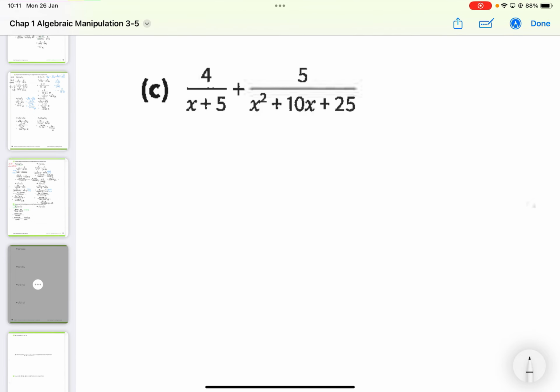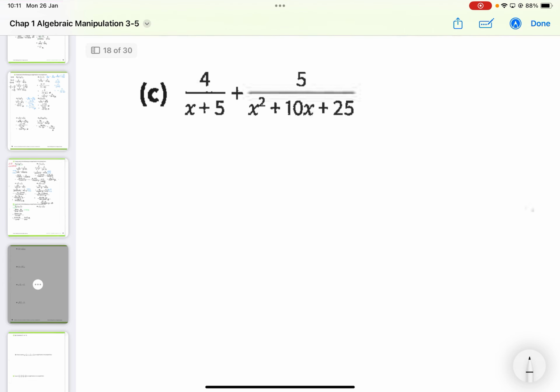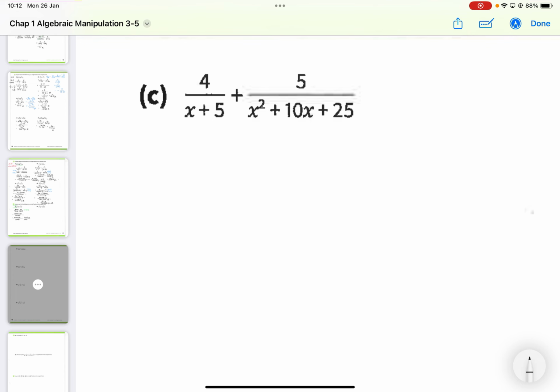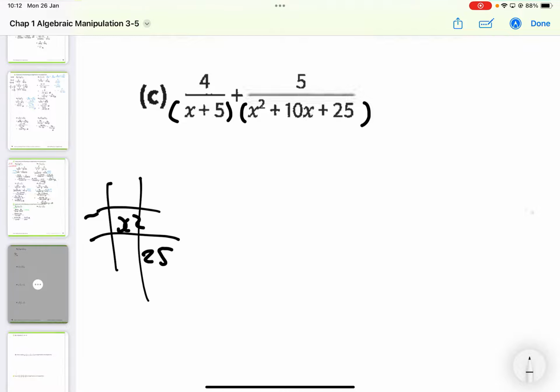Okay? Part C, you see the front is x plus 5. The back has a big string of things: x squared plus 10x plus 25. Actually, you all have learned to factorize a quadratic expression in Sec 2. Remember you need to do your cross method or the grid one, where you fill in x squared and 25 over here, then fit in numbers.